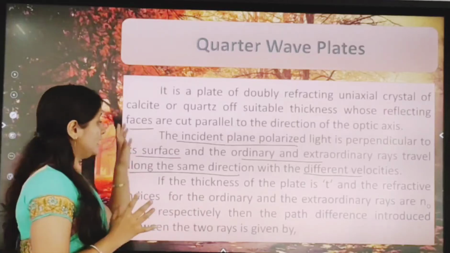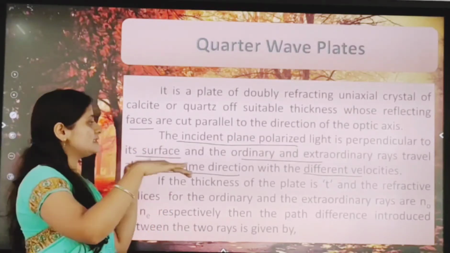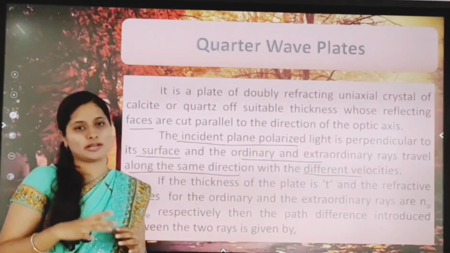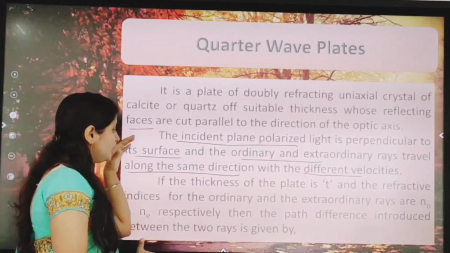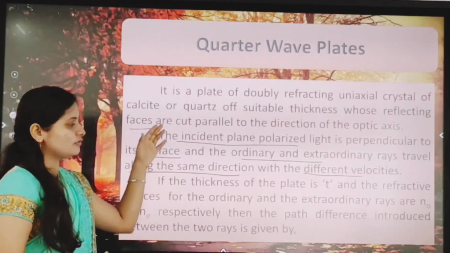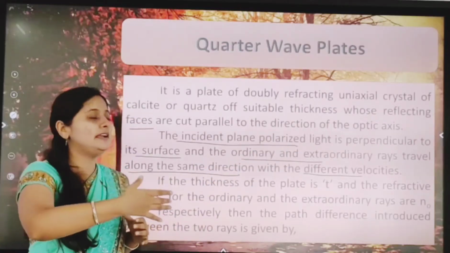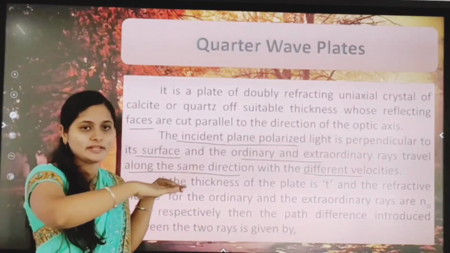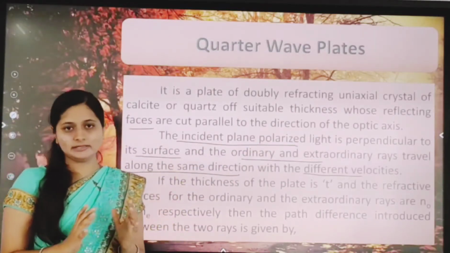So in the next para, the incident light is plane polarized, and it is perpendicular to the surface. Next, the ordinary ray and extraordinary ray that we get travel along the same direction.